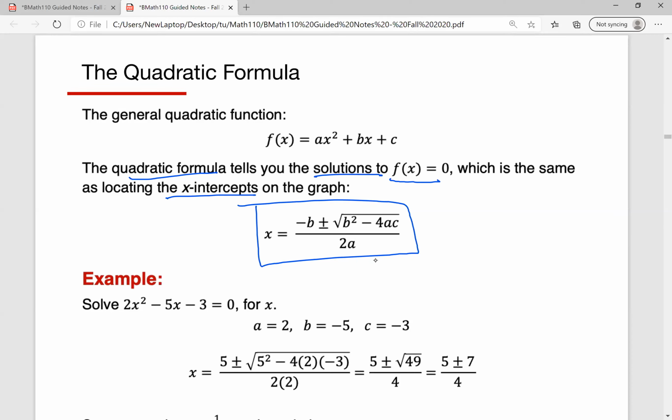And then I plug into the formula here, and I will get x equal to 5, actually -5, right?